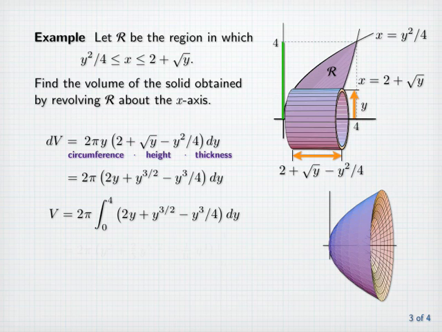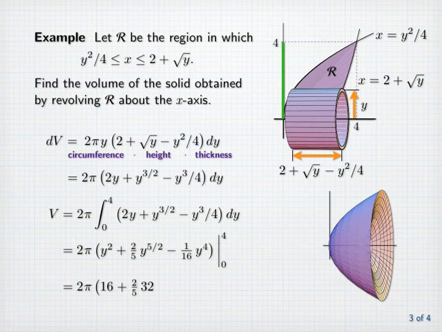Now we anti-differentiate and evaluate between 0 and 4, obtaining 2 pi times (16 plus 2/5 times 4 to the 5/2 power, which is 2 to the 5th, or 32, minus 1/16 of 4 to the 4th, which is 256, minus 0). Now notice that 1/16 of 256 is 16, and so the quantity in parentheses is exactly 2/5 times 32, or 64/5, and 2 pi times that is 128/5 times pi.